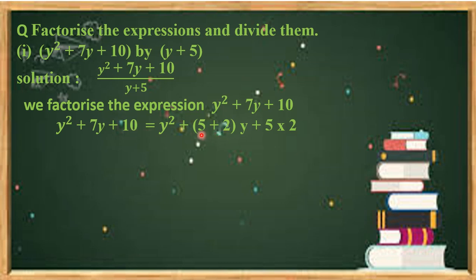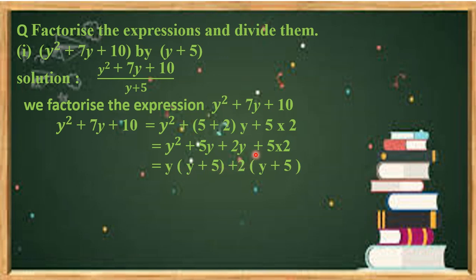So the two numbers are 5 and 2. We can write it and open the bracket. So we get y square plus 5y plus 2y plus 5 into 2. Now from the first and second term we can take y common, and from the third and fourth term we can take 2 common. So we get y into y plus 5 from the first and second term.